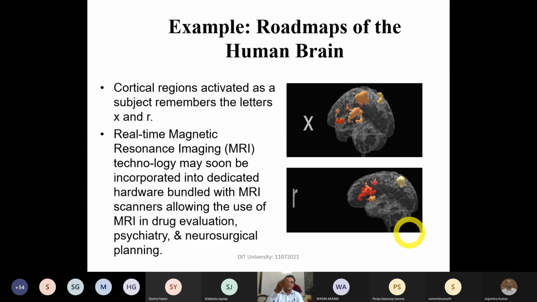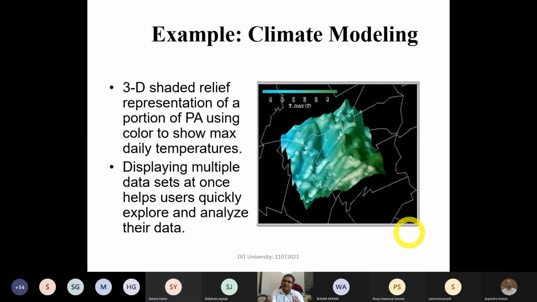You cannot go through the human brain each time and do an MRI and so on. So the MRI gives you the facility to understand how the brain is working, right? Similarly, in climate modeling, you have predictions for tomorrow, Tuesday, sorry, the next day, and so on.